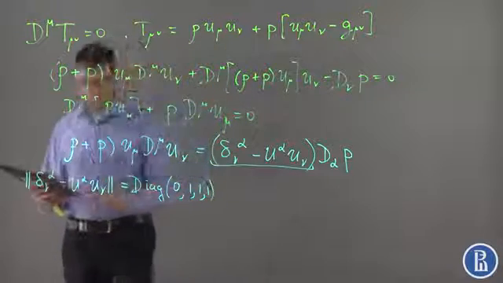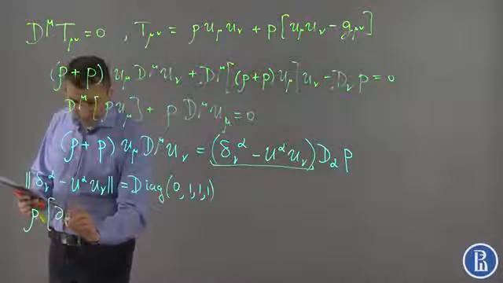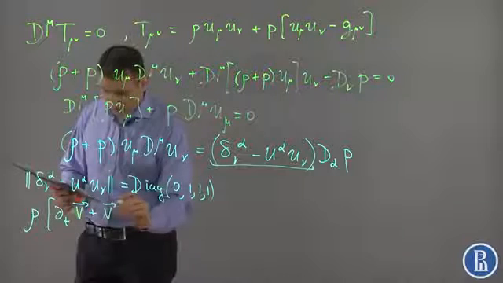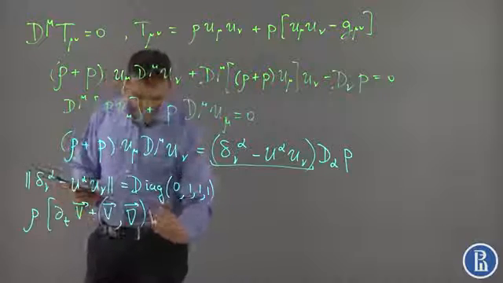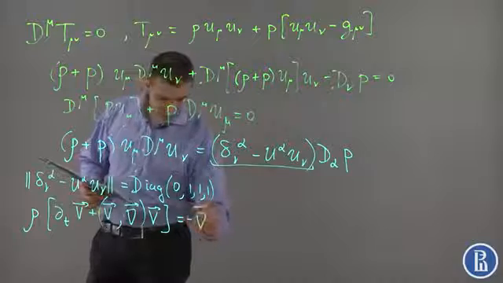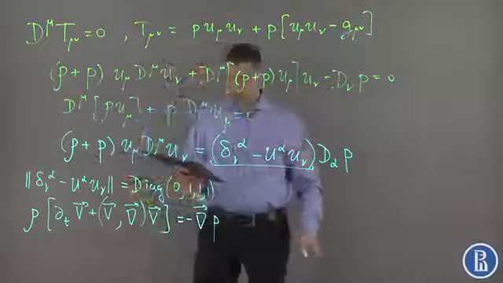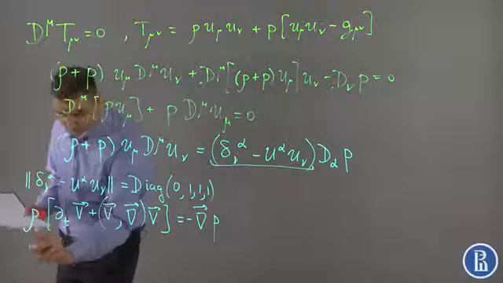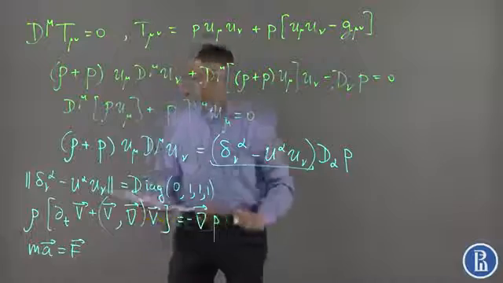The Euler equation has the following form: ρ ∂_t v plus (v times the differential of v) equals minus the gradient of p. So this is just the relativistic extension of this equation. The Euler equation is nothing but Newton's second law, ma equals F, attributed to the unit volume.